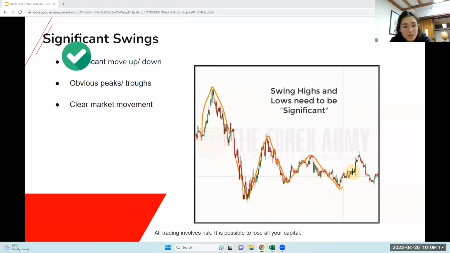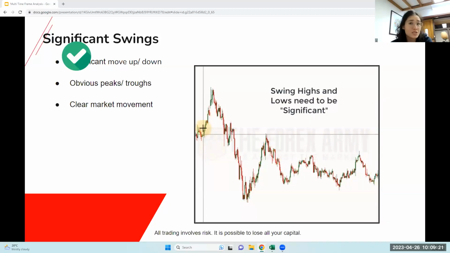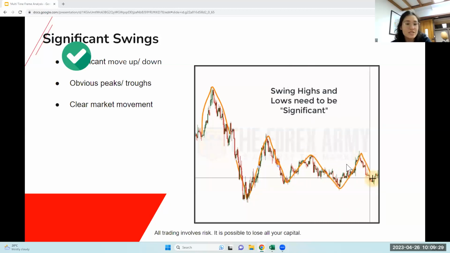There's a clear move up and down with obvious peaks and troughs and very clear market movements. So you can see from the GIF over here that this is kind of what we are looking for when we look at the different time frames. You want to find a price structure that gives you a very clear movement in price.